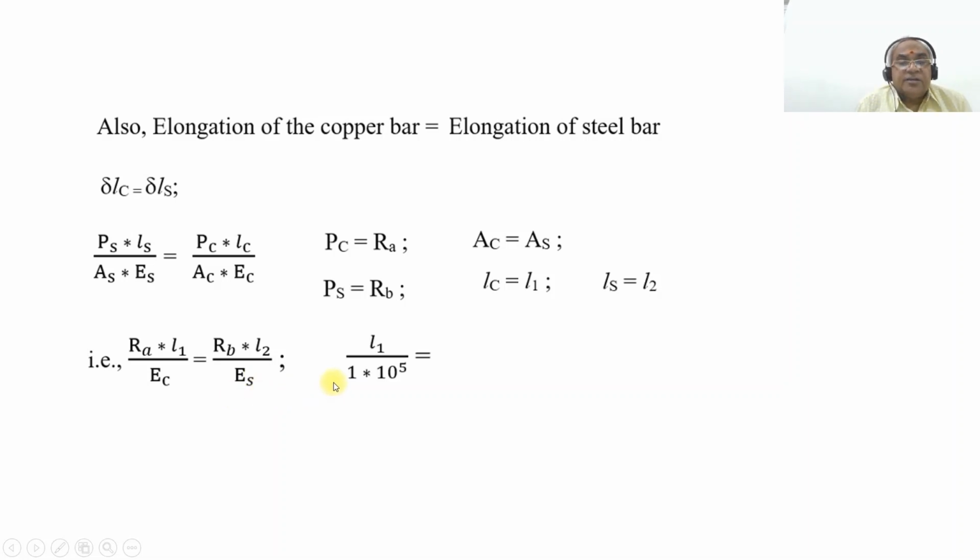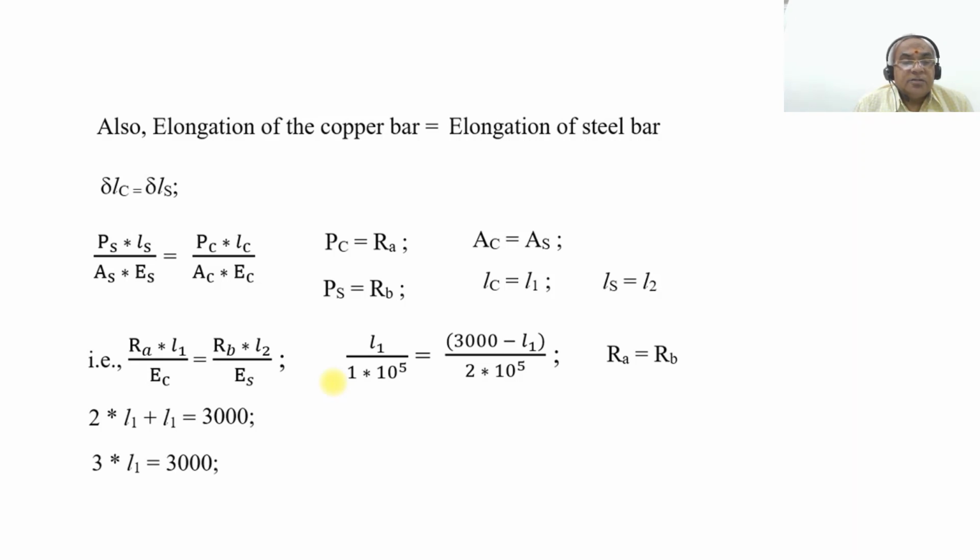On simplification, L1 by 1 into 10 to the power of 5 will be equal to 3000 minus L1 by 2 into 10 to the power of 5. Because RA is equal to RB, it gets cancelled. On cross multiplication and simplification, 2L1 plus L2, that is 2L1 plus 3000 minus L1, will be equal to 3000.